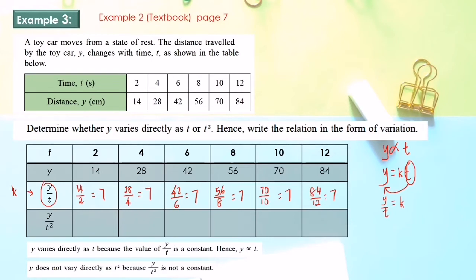Okay, y over t square. This is from y varies directly as t square. Okay, in equation we can write as y equals to kt square. Okay, then you move t square to left hand side, y over t square equals to k. Do you understand?